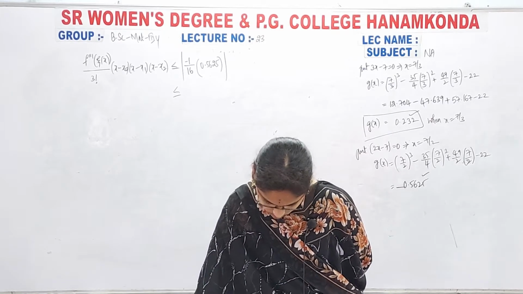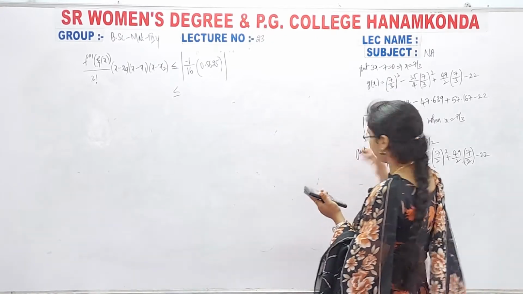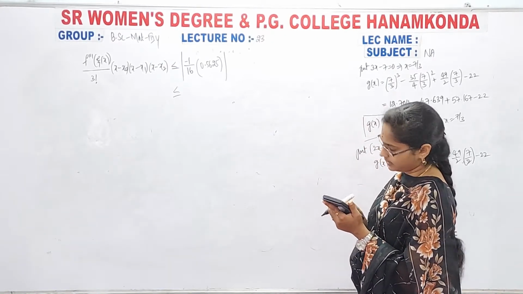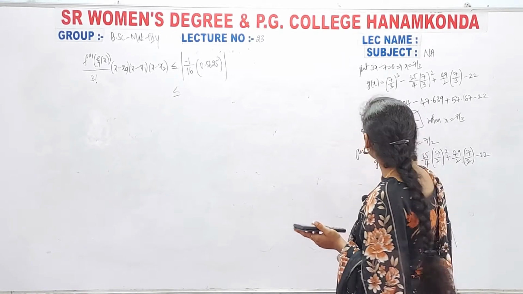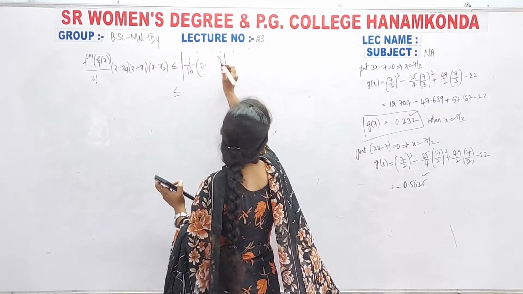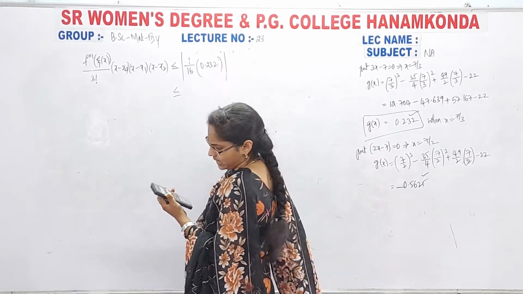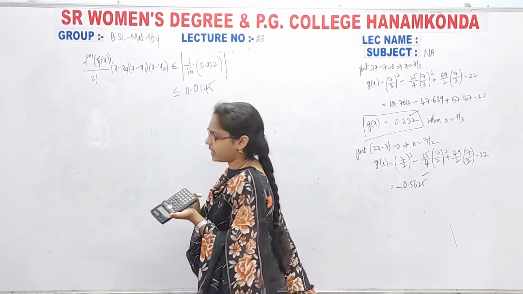Yeah, okay. If I take 0.232 divided by 16, yes, so here also I am taking the maximum value, so the maximum value is 0.232, so then we are getting 0.0145. So now the error is nothing but 0.0145.